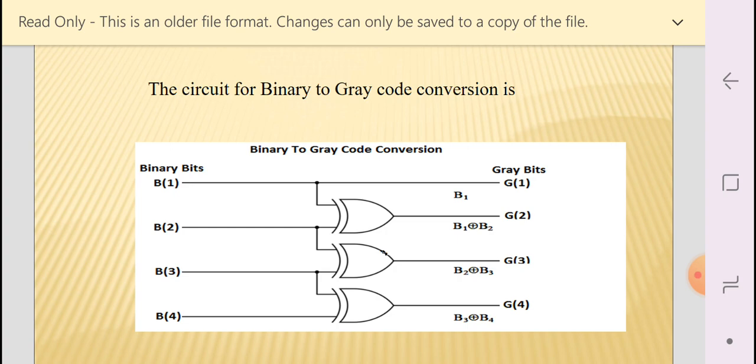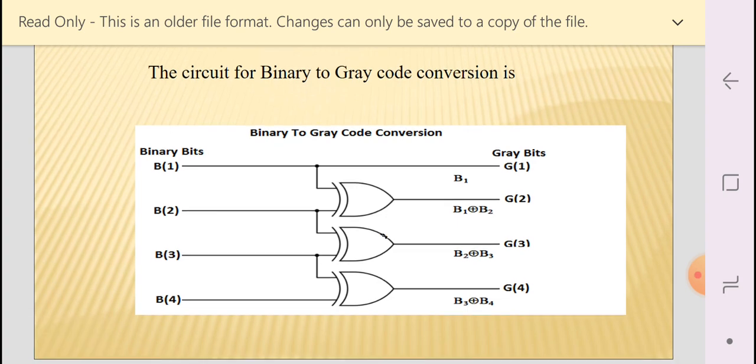Next we get G2 at the output. What is the connection? That is B1 XOR B2. So we implemented an XOR gate here. This is XOR gate 1, B1 XOR B2, that is G2.